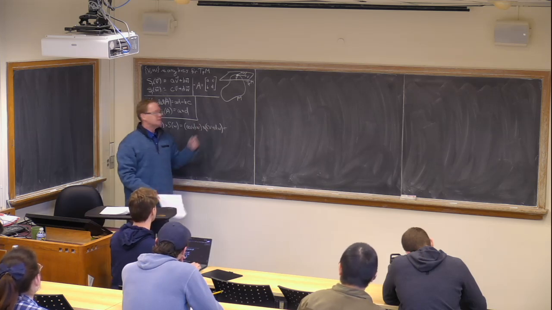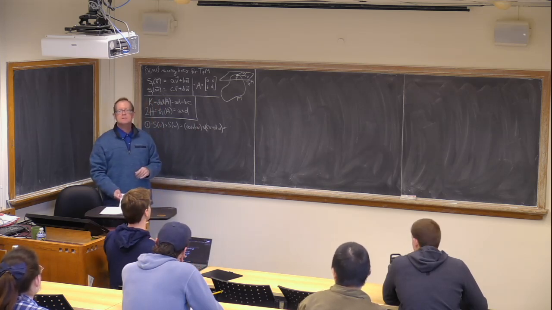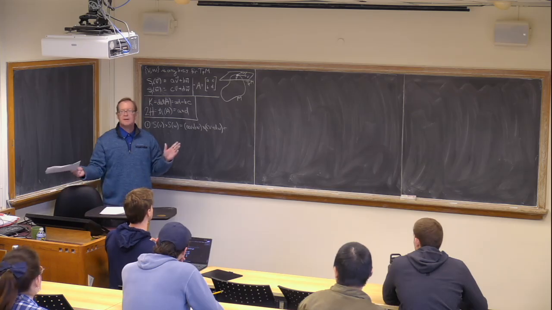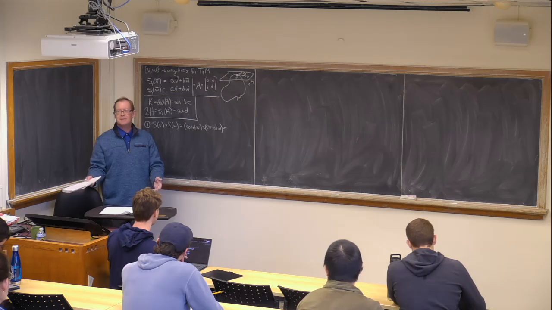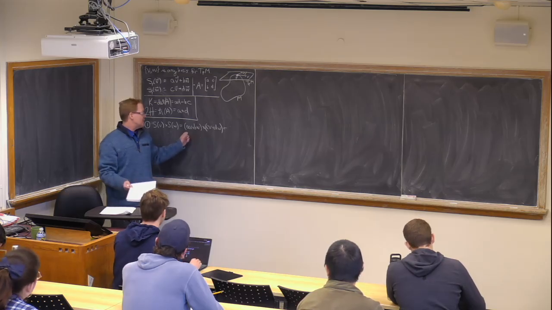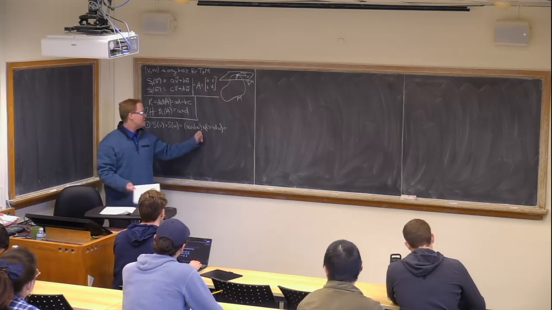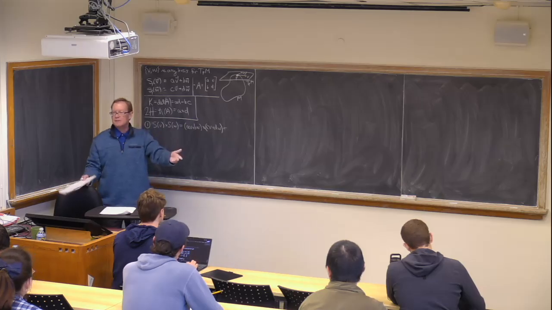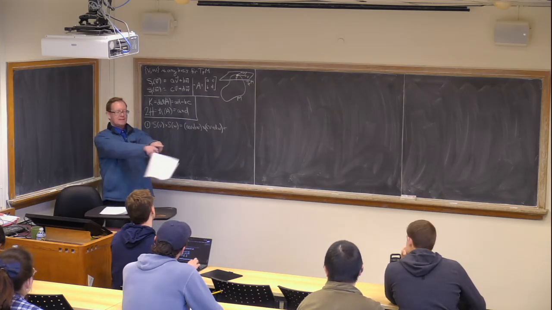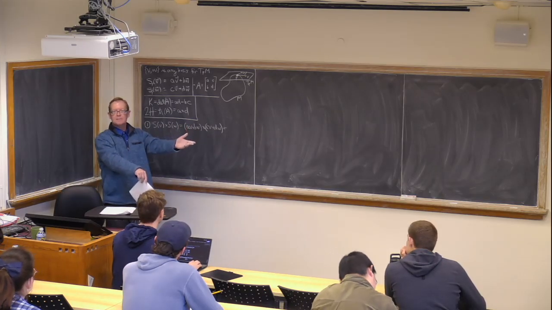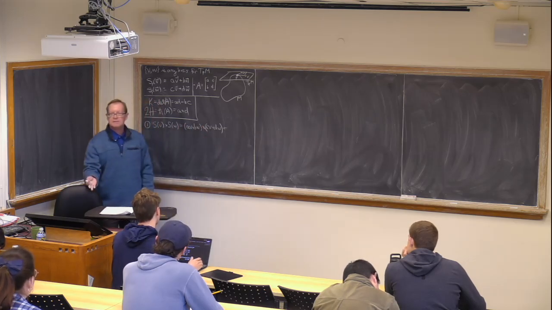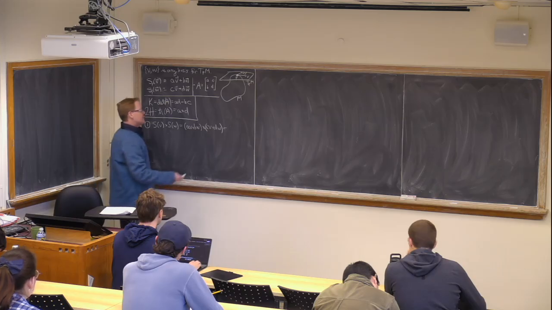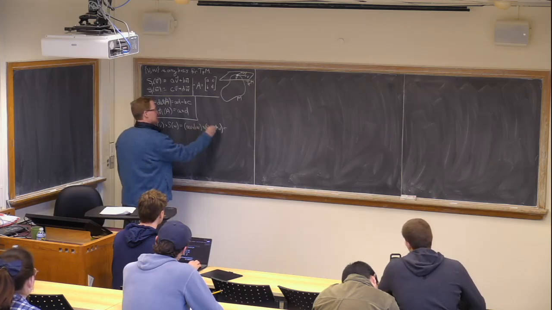Can anyone tell me what W cross W is? 0. Any vector cross product itself. I said AW dot, I meant cross product. We're using a distributive law. We should get 4 terms. But W cross W is 0 because any vector cross product itself is 0, right? The parallelogram, they span a 0 area, so it's going to be the 0 vector. Anyone tell me what V cross V is? Also 0. So the only 2 terms we're going to get are this cross that and that cross that, right?